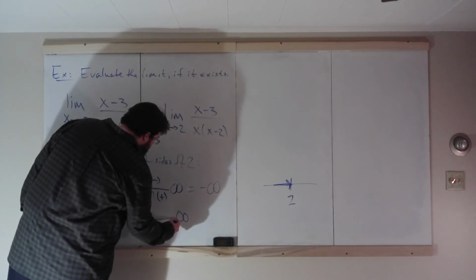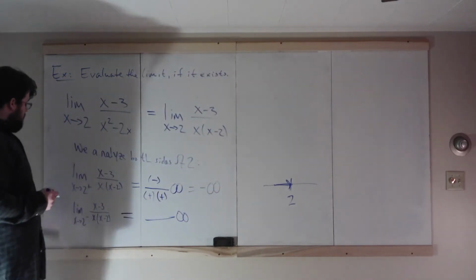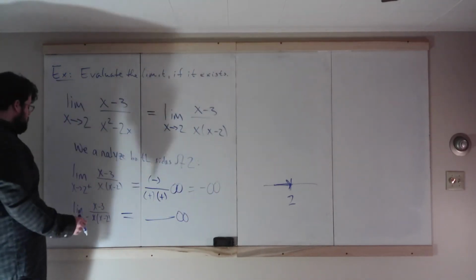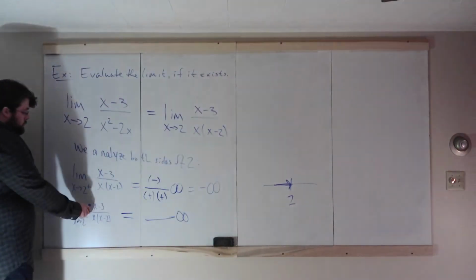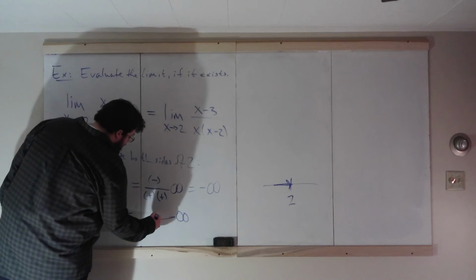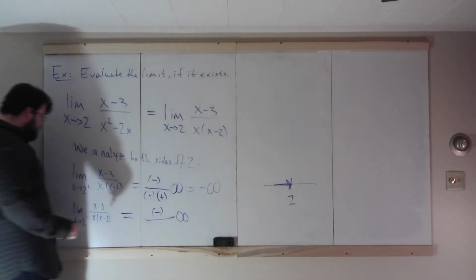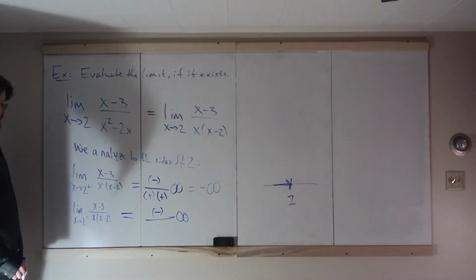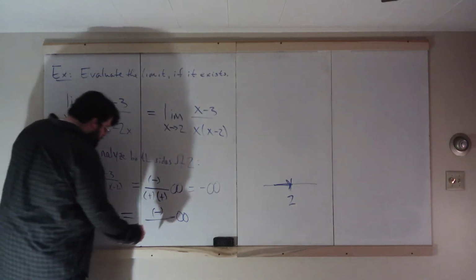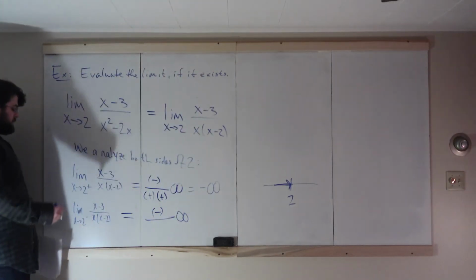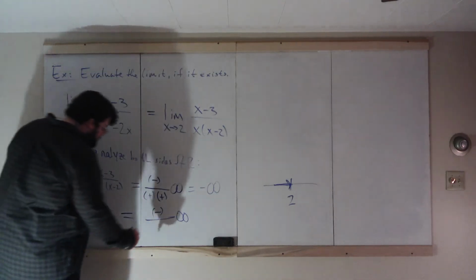We just have to figure out the sign. Numbers to the left of 2 but close to 2, like 1.9-ish numbers, substituted in the top, again will be a negative. Substituting for x gives us a positive. I was looking at that negative sign, I just said negative.